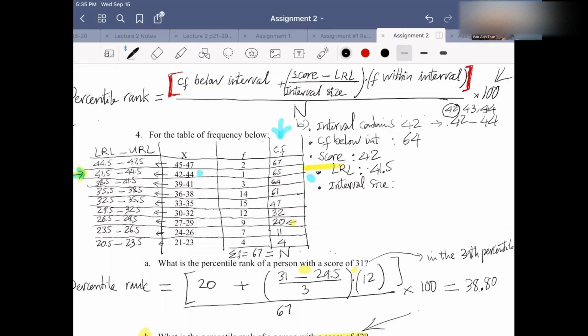All right, good, everyone. It's 3, right? It's the same as the interval size of part A, okay? Or you can also find it by the upper real limit minus the lower real limit. And in this case, the upper real limit of that interval is 44.5 minus 41.5, which is 3, okay?